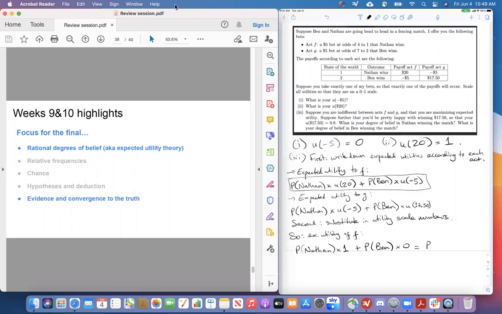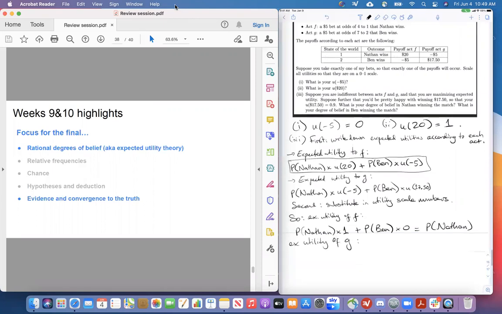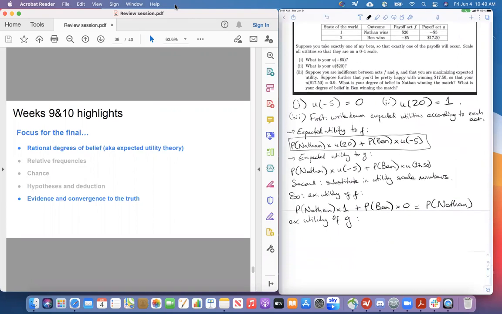And this simplifies to just your degree of belief in Nathan winning. You do the same thing for Act G. Expected utility of G. So this time we're going to rewrite this. It's your degree of belief in Nathan winning times U of -5, that's 0, plus your degree of belief in Ben winning times U of 1750. I told you that's 0.9. So this simplifies to 0.9 times your degree of belief in Ben winning.